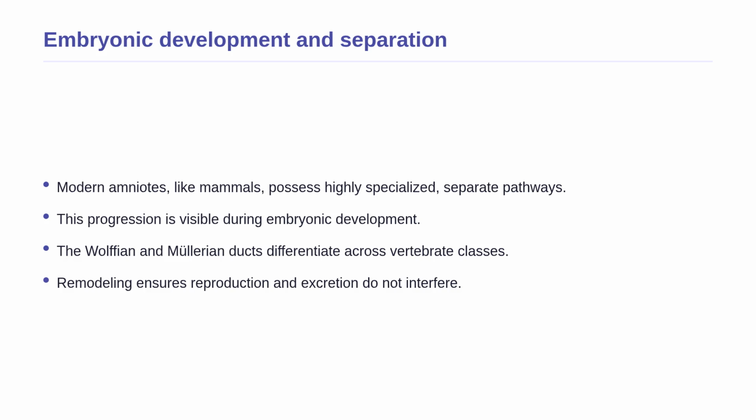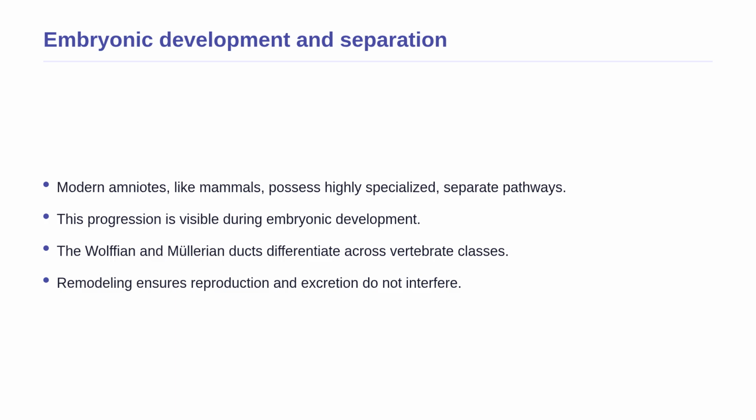Building on that ancestral foundation, we see a dramatic shift in modern amniotes, such as mammals. These animals possess highly specialized, separate pathways. To truly understand this progression, we must look at how embryonic structures, specifically the Wolffian and Mullerian ducts, develop and differentiate across different vertebrate classes.